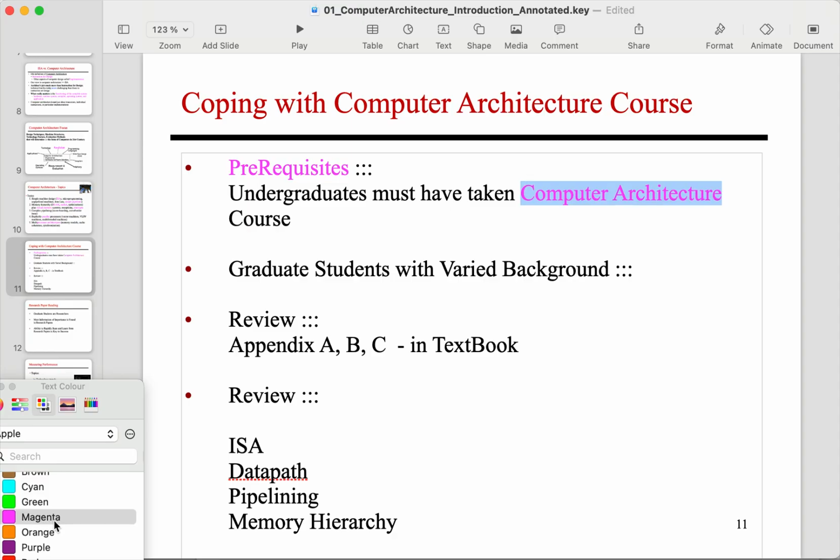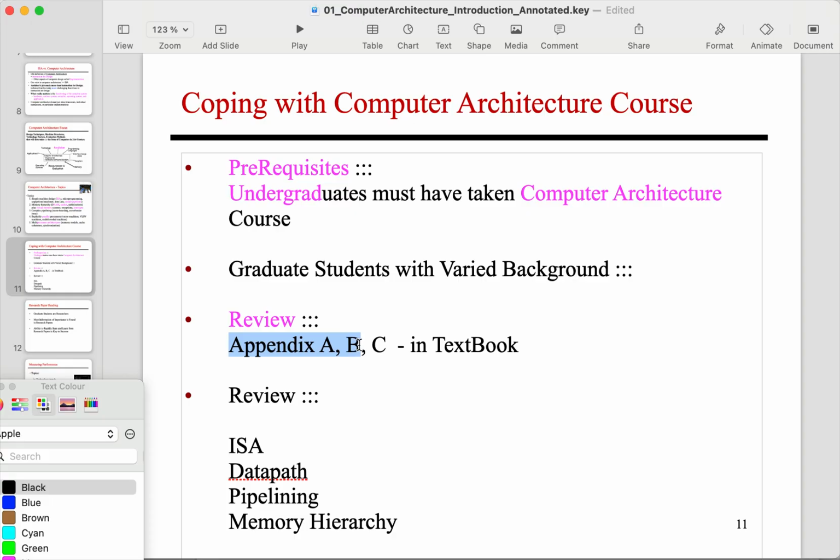If they didn't take this course, or if they have forgotten the contents, or if a graduate student came from another major or discipline, then please review the appendices in our textbook.